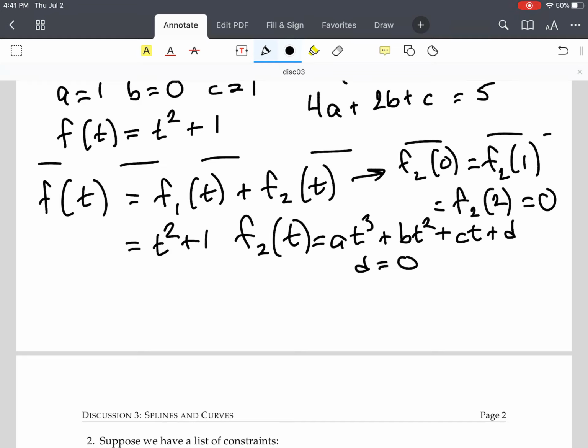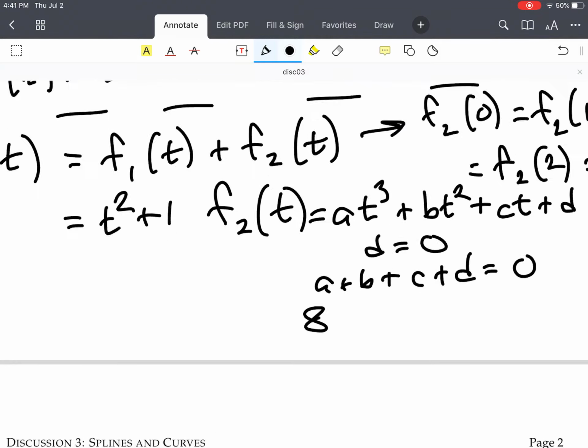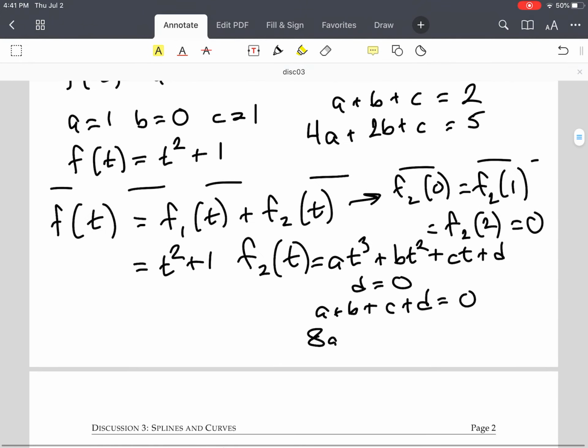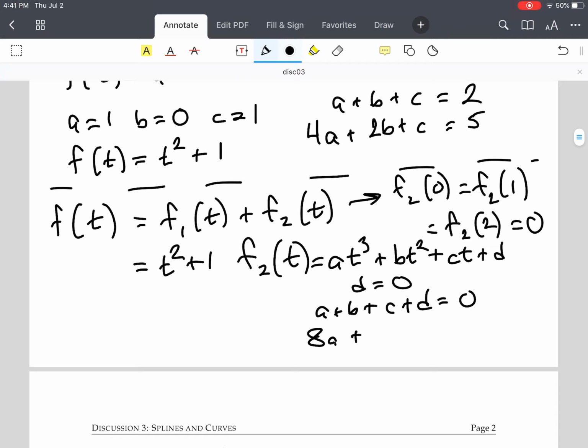We get a plus b plus c plus d is equal to 0. And we get 8a plus 4b plus 2c plus d is equal to 0.